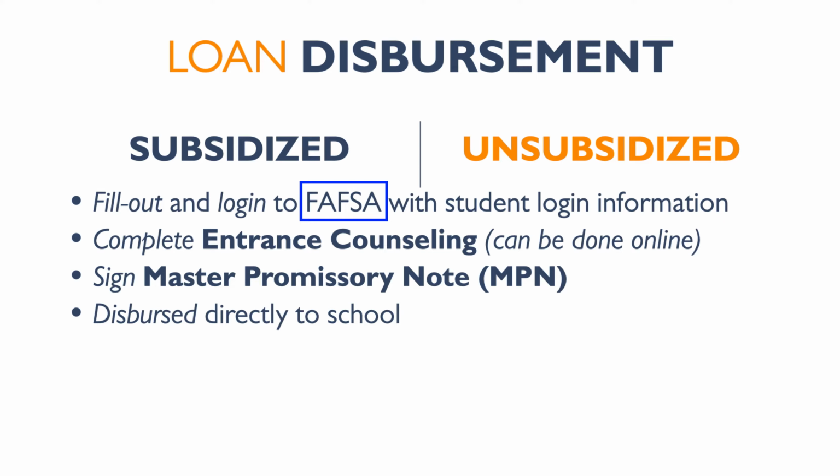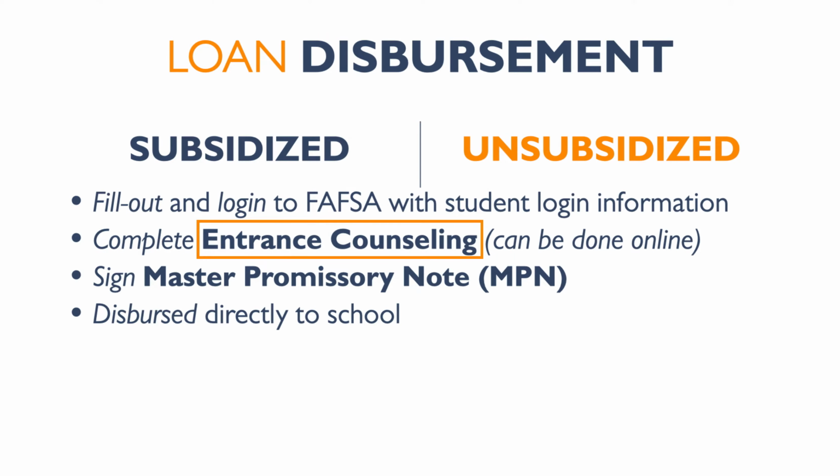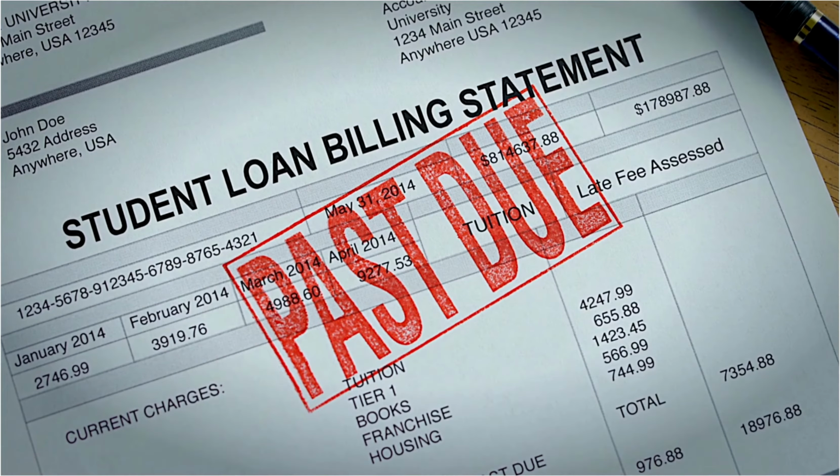So how are the loans dispersed to the school? First, you need to complete FAFSA to determine if you qualify for federal student loans. Then you have to accept them with the student login, as these loans will be in the student name, not parent. Next, you will need to complete entrance counseling, which basically ensures that you fully comprehend the terms and conditions of your loan, learn what the loan entails, how interest works, available repayment options, and how to avoid delinquency and default.